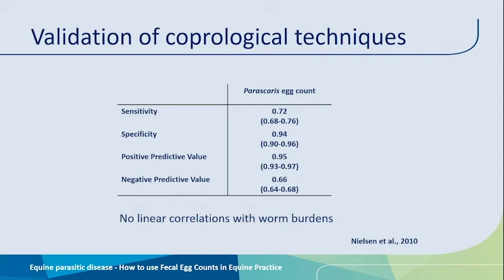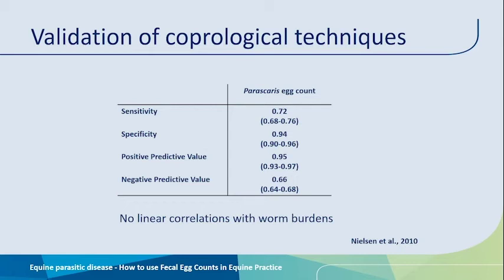So here we have some data from a study. We published a retrospective validation of fecal egg count techniques a year ago. We're looking at the Parascaris egg count here. The positive predictive value means that if you have a positive egg count, what's the probability of the foal actually being truly infected with Parascaris parasites, and that was 95%, so only 5% false positives.